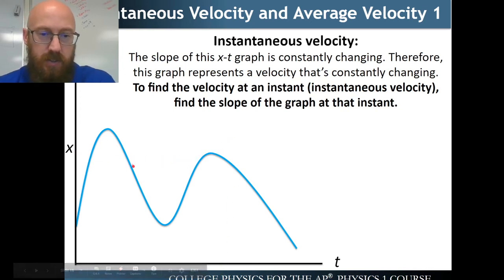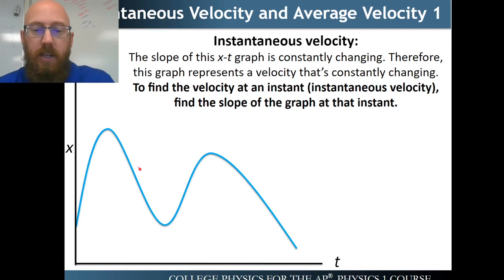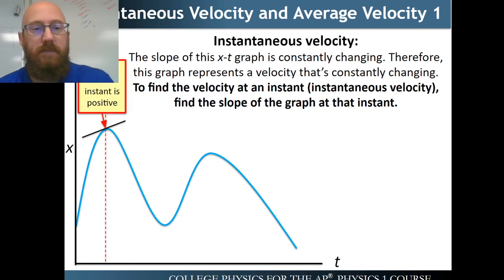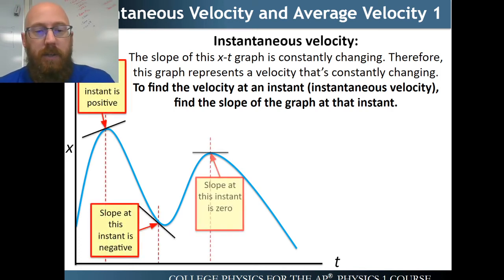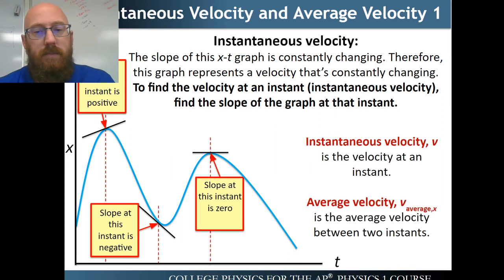At time here, what's the slope of the line? Should be easy to figure out. The charts, however, are kind of misleading. We'll talk about that as they start mixing in time, velocity, average acceleration, and time. And there we go. At an instant, or I like to use the word at a point.